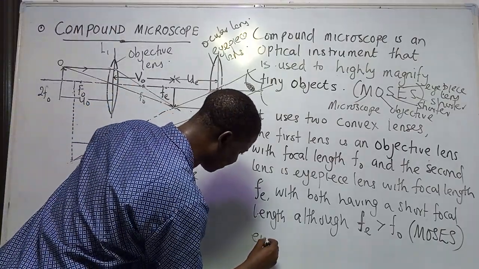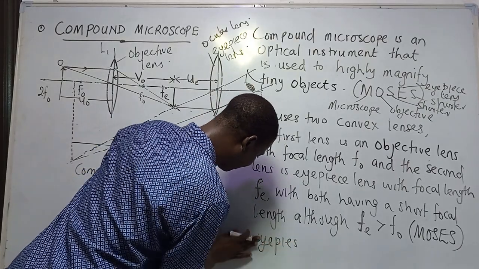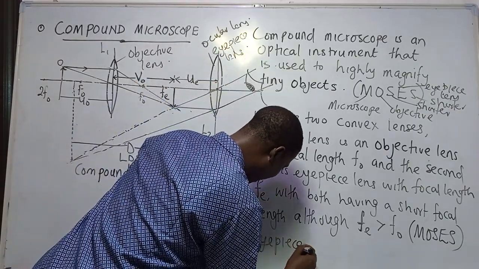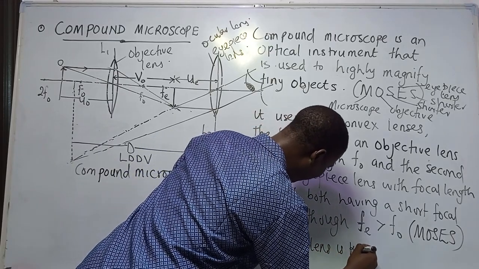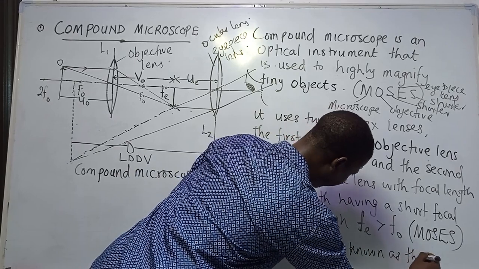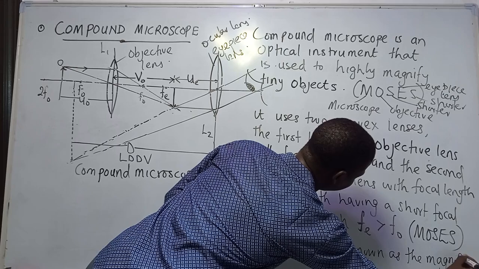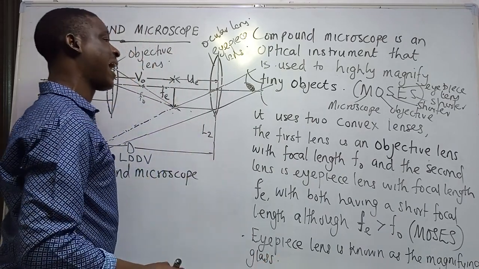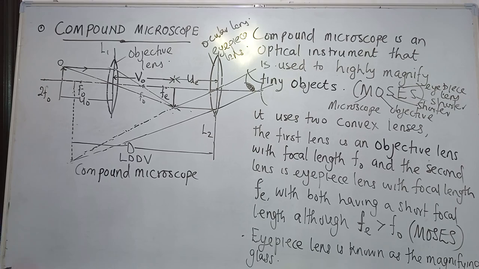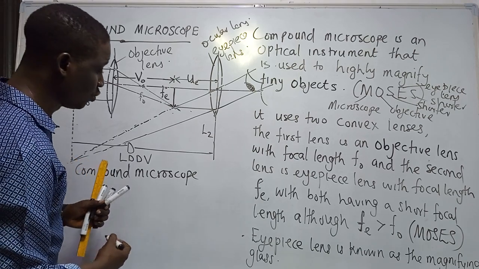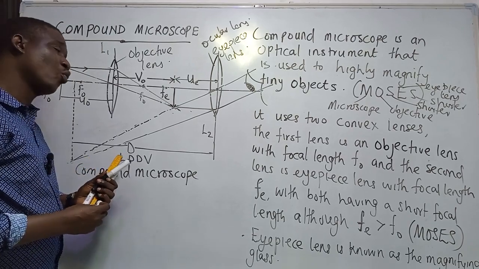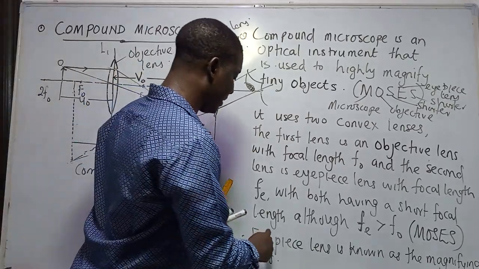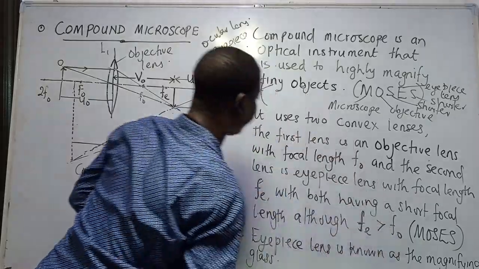The eyepiece lens is known as the magnifying glass. Very, very important.